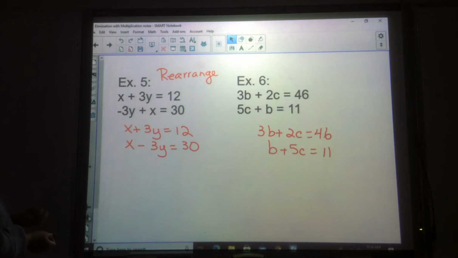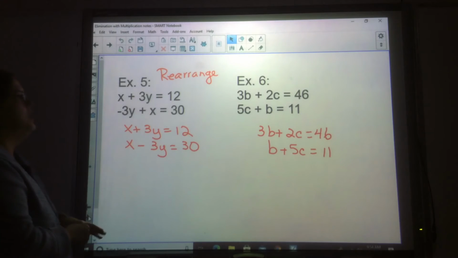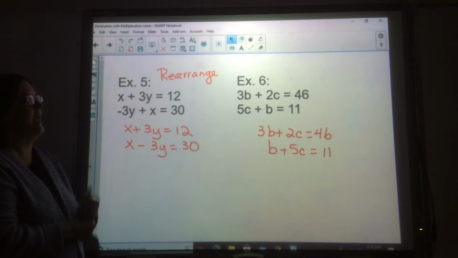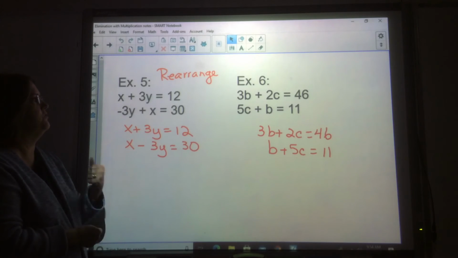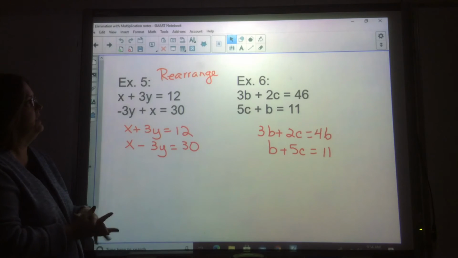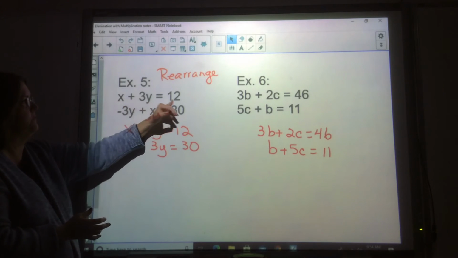The only reason I'm not going to solve these all the way through is that I want you to be aware that when you're looking at an equation, they don't always write x underneath x and y underneath y. Be very, very careful about that and just rearrange the equations. See how this one's x plus 3y?